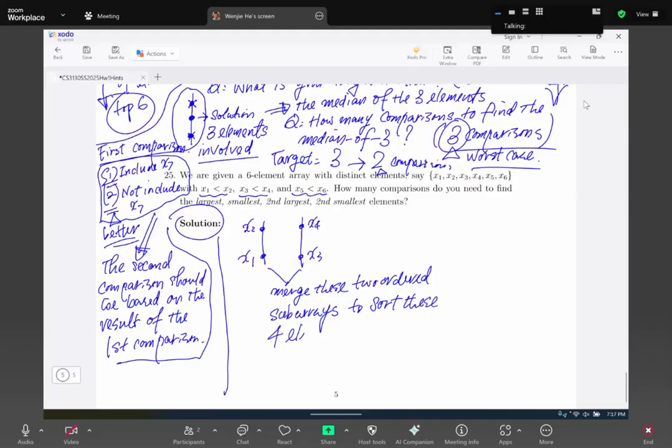Okay. So you need to figure out the minimum number of comparisons you use to sort these four elements. Okay? All right. Yeah. So that's the first step.